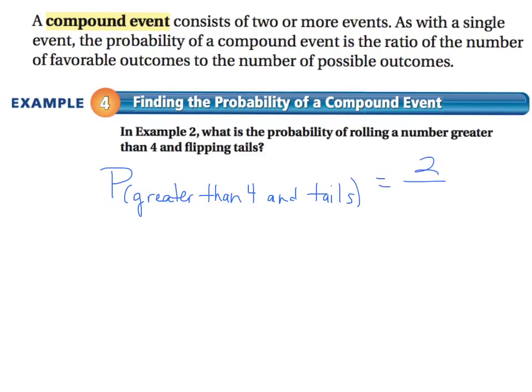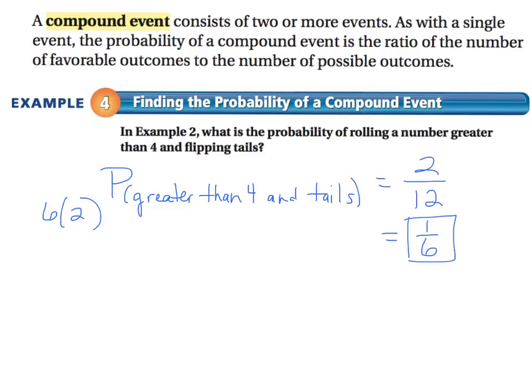That means I only have 2 favorable outcomes of rolling something bigger than 4 and flipping a tails. Well, the total number of outcomes would be 6 times 2, because there are 6 sides on a number cube and 2 sides on a coin. That gives me 2 twelfths, which simplifies into a probability of 1/6.